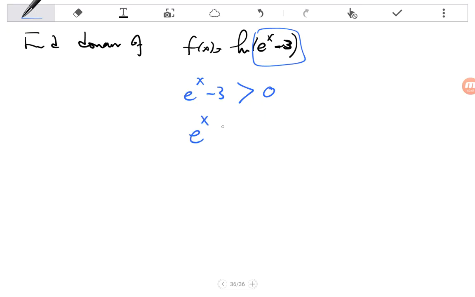So I need to solve this inequality. E power x greater than 3. I need to eliminate the effect of e. I eliminate it by using ln. Yes, I will just take ln of both sides. But what about ln? Does the ln change the order or keep the order? Would I change it or keep it?